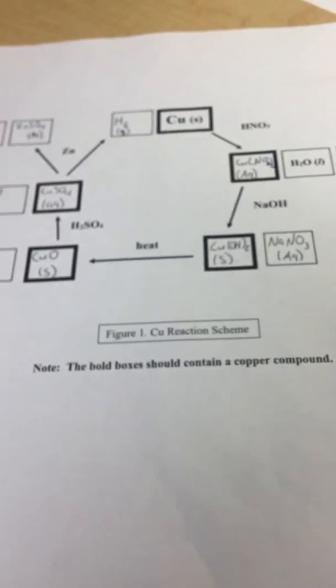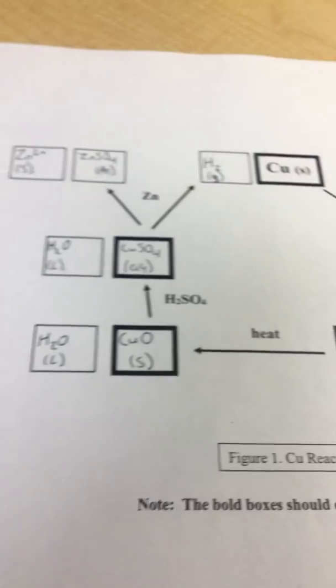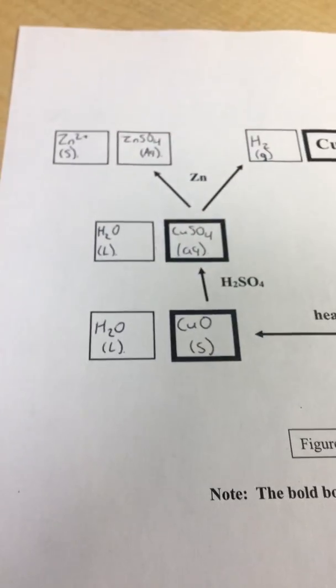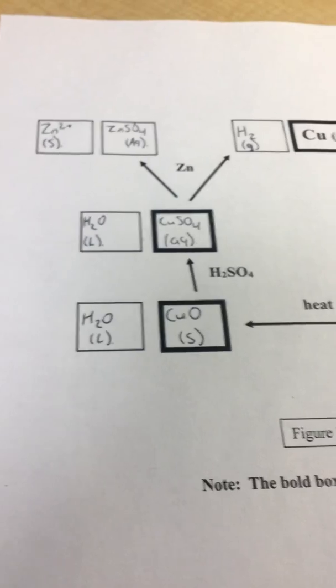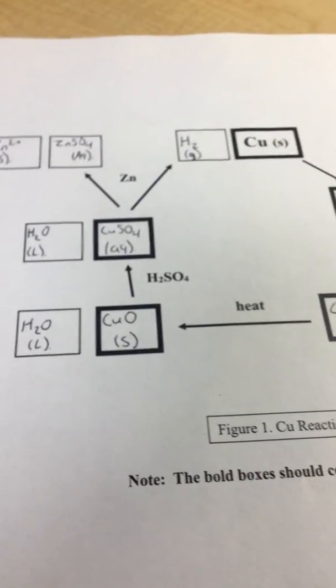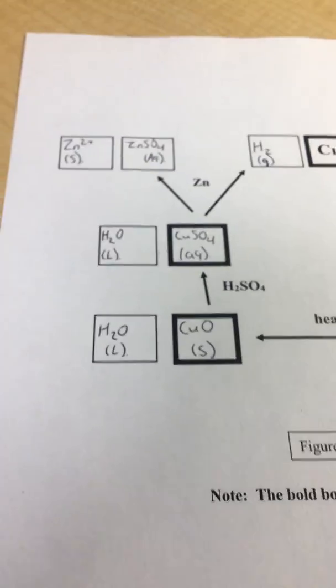So now that we did the table, we have to find the percent yield. So the percent yield is the recovered mass of copper divided by the initial mass of copper. So to find the mass of copper recovered, we must subtract the mass of the evaporating dish from the mass of the evaporating dish and recovered copper.